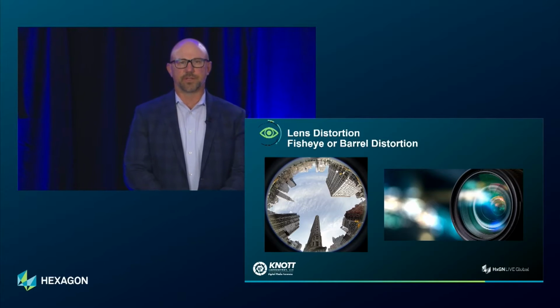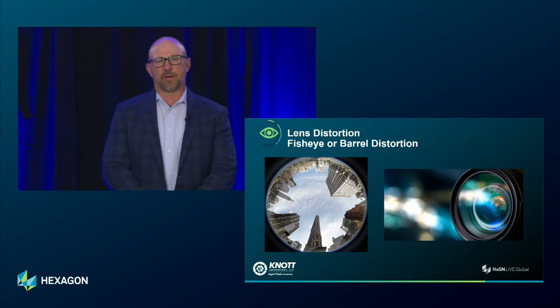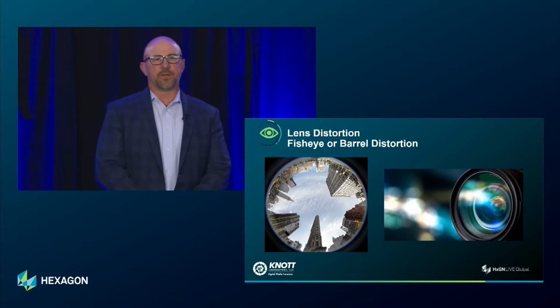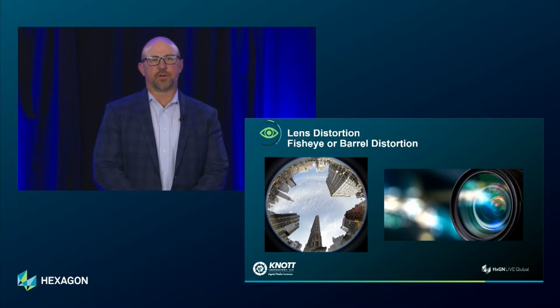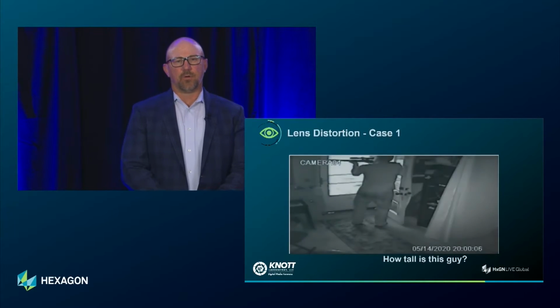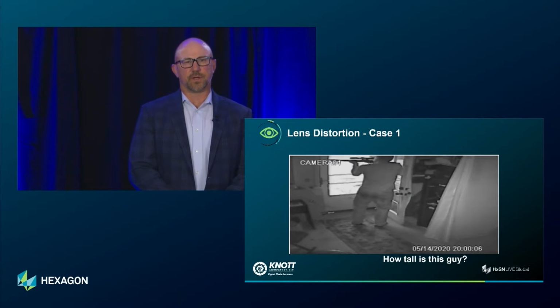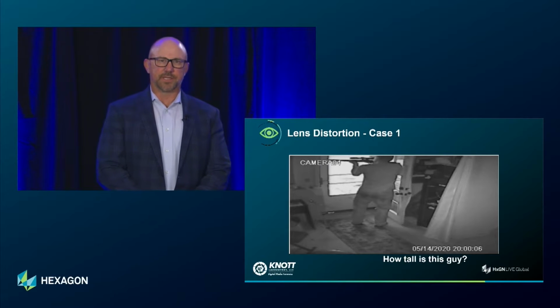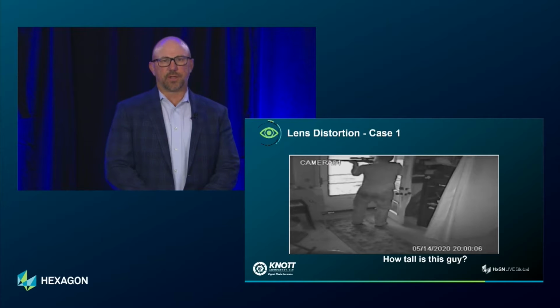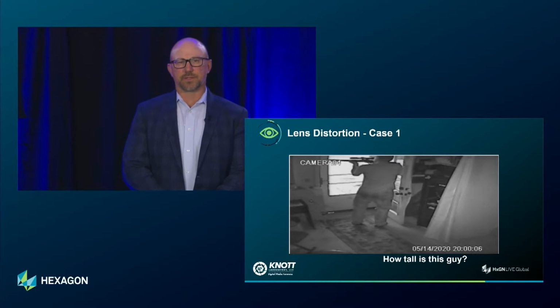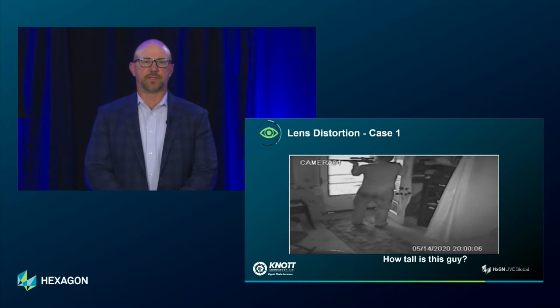Other cameras we don't necessarily know, and we've got to figure it out and pull that out. But what it's going to do is that lens distortion creates a fisheye or a barrel distortion, as shown in this photograph. I'll walk through a couple of cases that we've worked on, and as I progress through these cases, I'll show how the lens distortion and then the subsequent topics were applied to these situations.